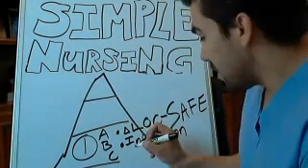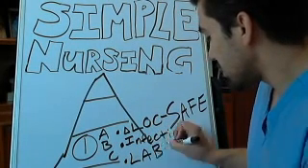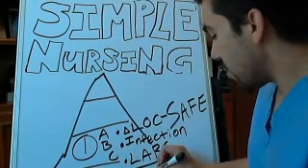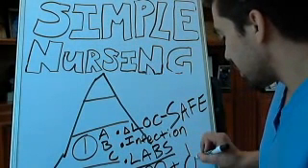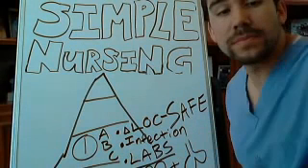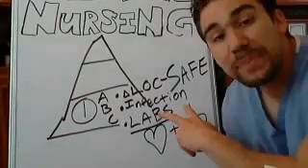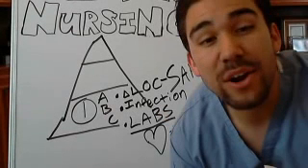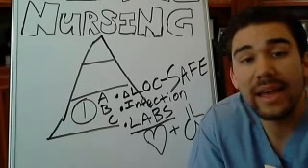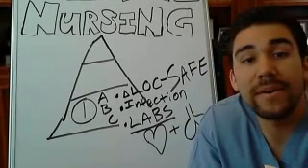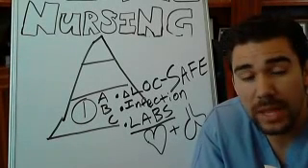And you also have labs that directly correlate to your heart and lungs here. So your patient who has sepsis is going to be of higher priority than your patient who has pain after a surgical procedure.